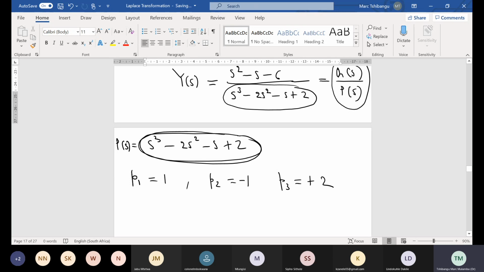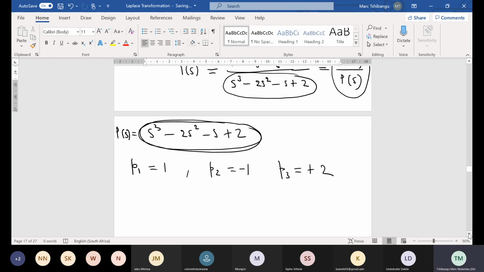So these are the roots of this characteristic equation. In other words, we can rewrite P of S as s minus 1 into s plus 1 into s minus 2.